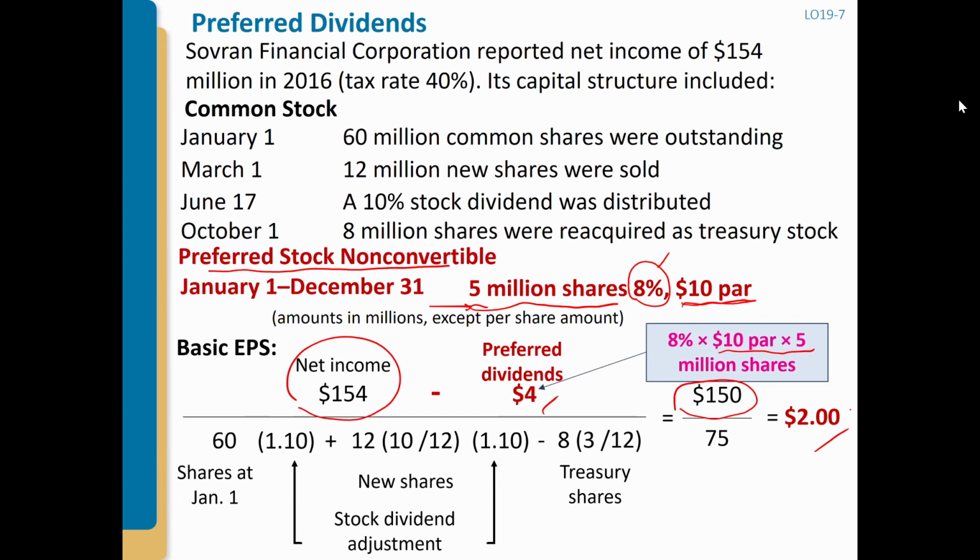Because this example is a whole year, January to December, but if it's the same 5 million shares at 8% for only 6 months, do we still need to divide by another 6 months? It will tell you whether they give you the full year amount, 8%, or just the partial year amount for the dividends to preferred stock.